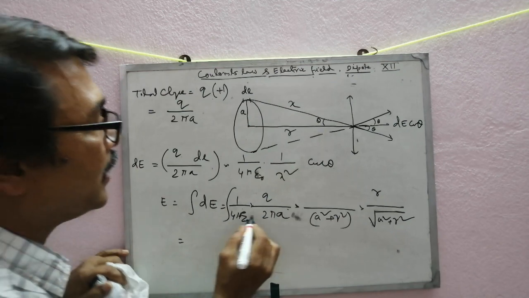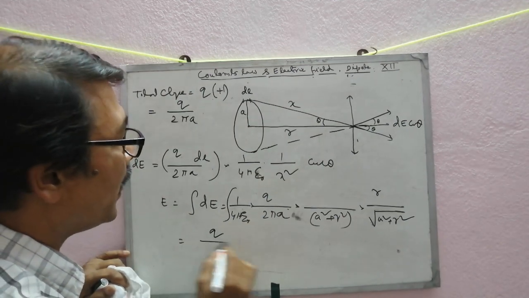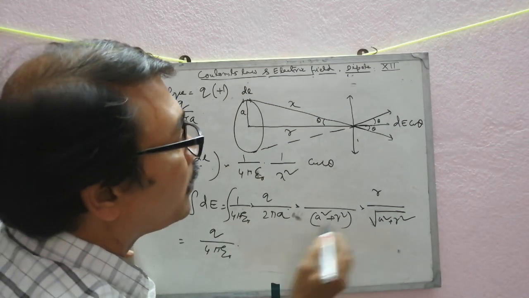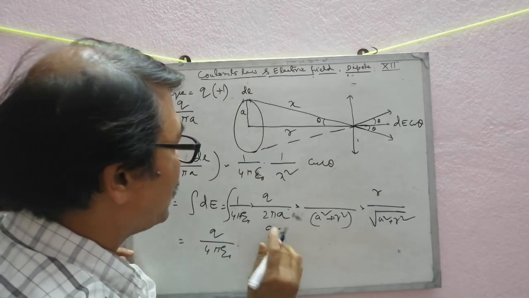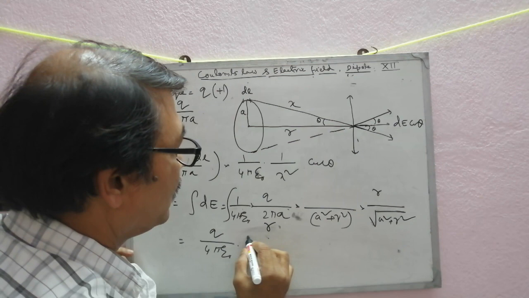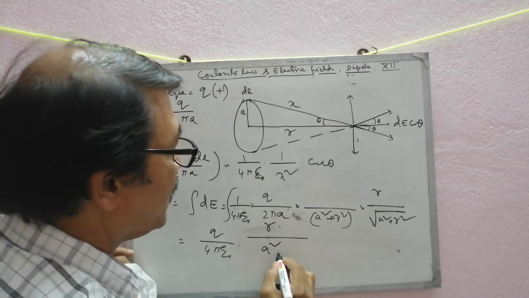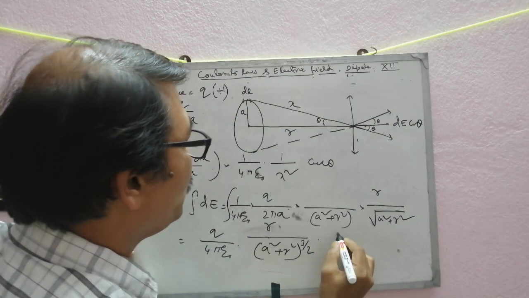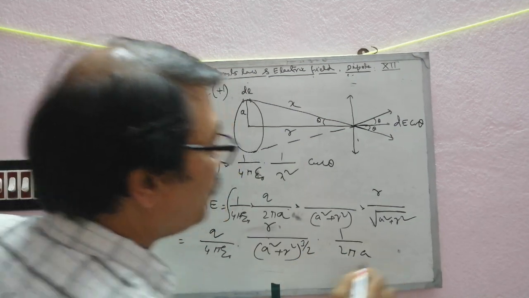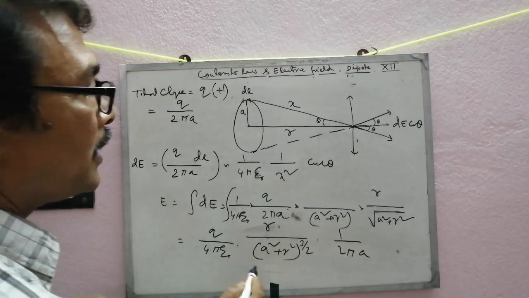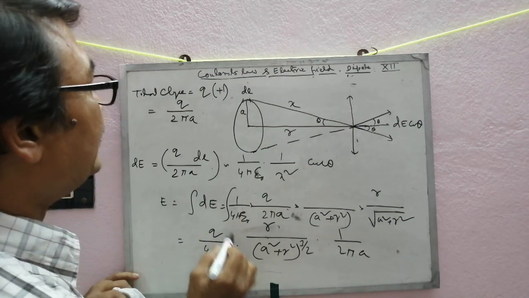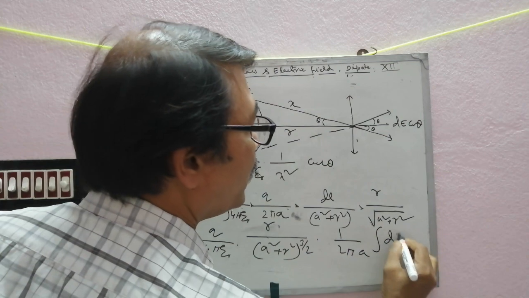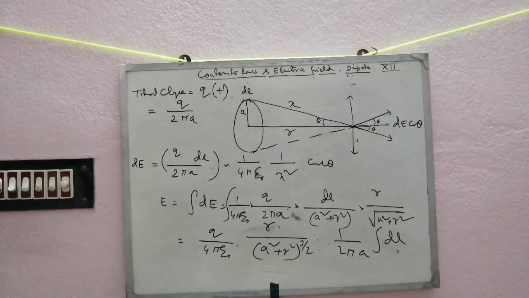So finally here we get Q by 4 pi epsilon 0, r by (a square plus r square) whole to the power 3 by 2, into 1 by 2 pi a, and there is integration of dl. Clear?